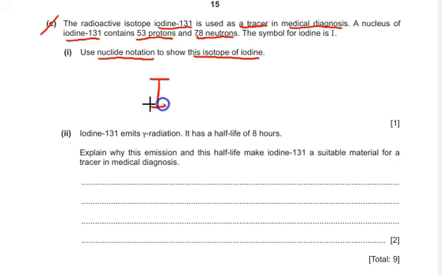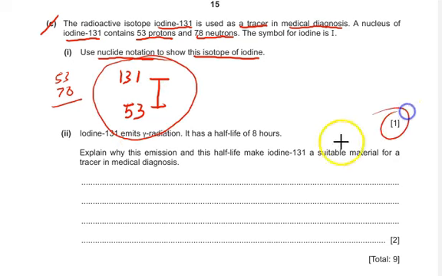So here will be the proton number. Down here will be the proton number. So we write here 53, and this one is 53 plus 78, which will give you 131. So we just have to write it in this way. So this is your answer.